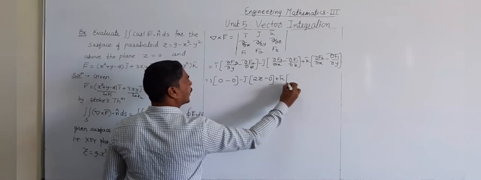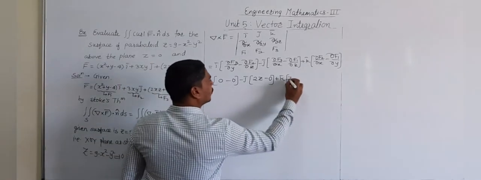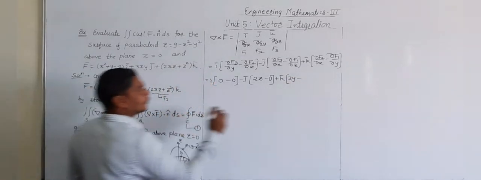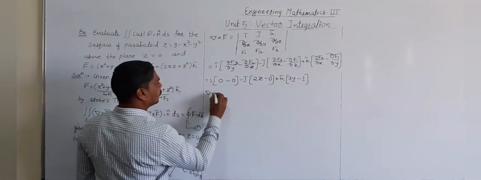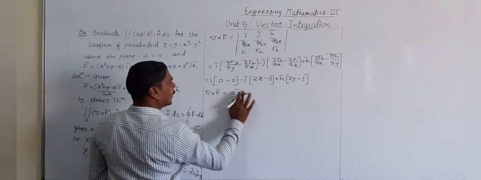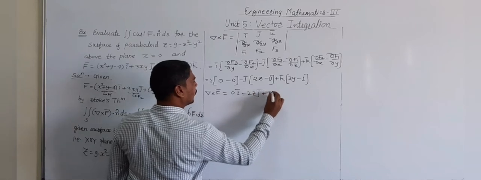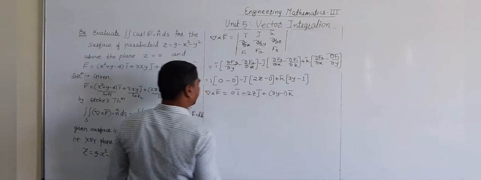Plus k bar into bracket partial derivative of f2 with respect to x is 3, then minus the partial derivative of f1 with respect to y is 1. So in that way we get del cross f bar is equal to 0 i bar minus 2z j bar plus (3y minus 1) k bar. Okay.